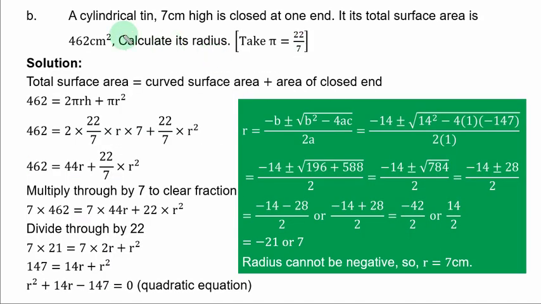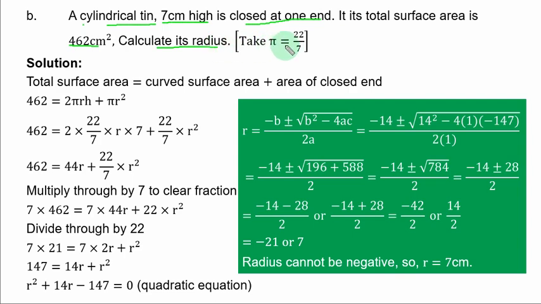Question 3b. A cylindrical tin 7 centimeters high is closed at one end. If its total surface area is 462 square centimeters, calculate its radius.